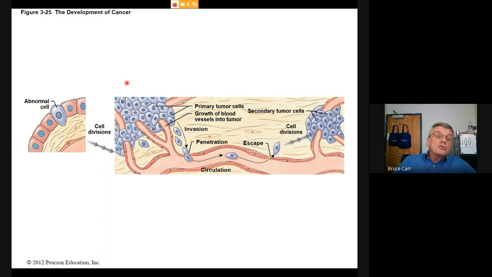Still not very dangerous if it's small, and not very dangerous if it remains compact. So if you see the tumor and you cut out around it and you get every cell, and you basically remove the tumor, that's a cure. However, things happen where cells begin to invade surrounding tissues.